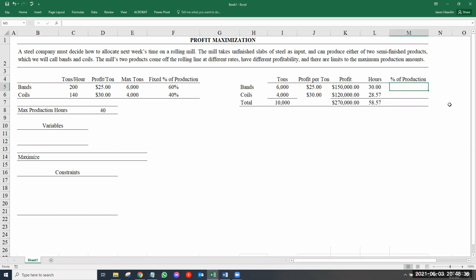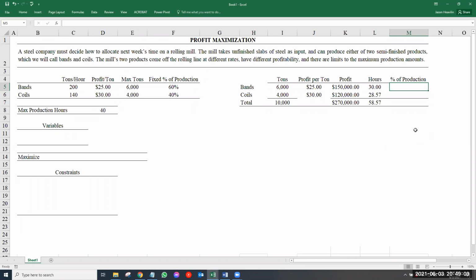But we do have the percentage of production restriction as well. It has to be 60-40. So let's do the calculation. There's a reason why I'm going to recalculate here instead of using the same numbers over here, and it'll make sense once we use the Excel Solver to get our maximum profit.